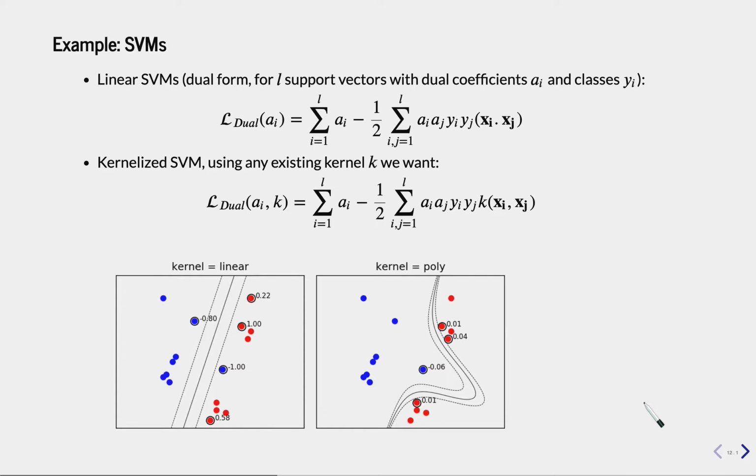So remember, the whole reason why we were discussing kernels was this. If we have a loss function in which the inputs only occur as a dot product, then we can simply replace this dot product by any kernel of our choosing. So now the kernel is part of the loss function. And simply by doing that, we can make a linear model nonlinear.